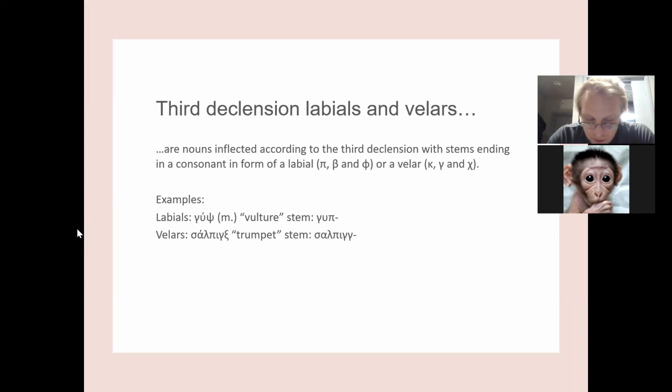So gyps is the outcome of the labial root gyp meeting the sigma of the nominative singular ending, while salpinx is the result of the velar stem salping meeting the concluding sigma. By the way, a gamma followed by a gamma, so a double gamma, is pronounced as ng, and also if a gamma is followed by a xi, we get an ng sound. So that's good to keep in mind.